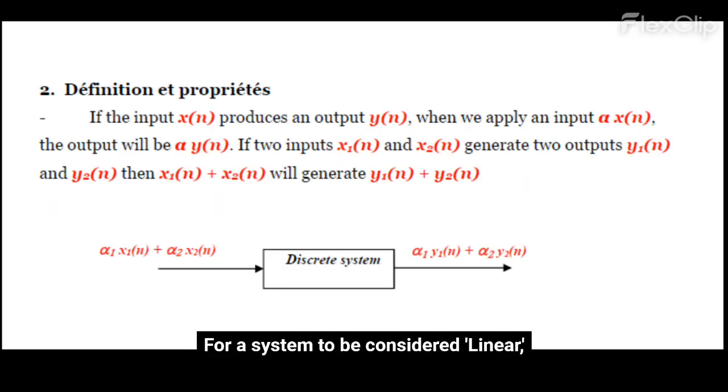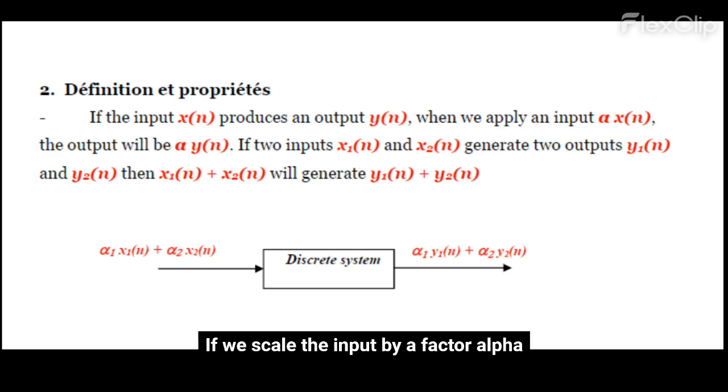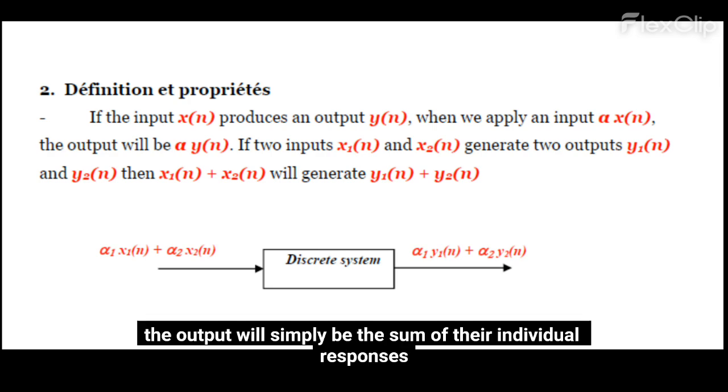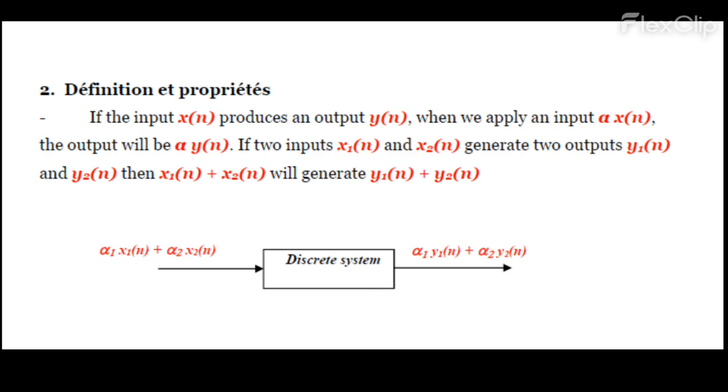For a system to be considered linear, it must follow two rules: scaling and superposition. If we scale the input by a factor alpha, the output scales by the same amount. Similarly, if we combine two different inputs, the output will simply be the sum of their individual responses. This predictability is what makes linear systems so powerful in engineering.